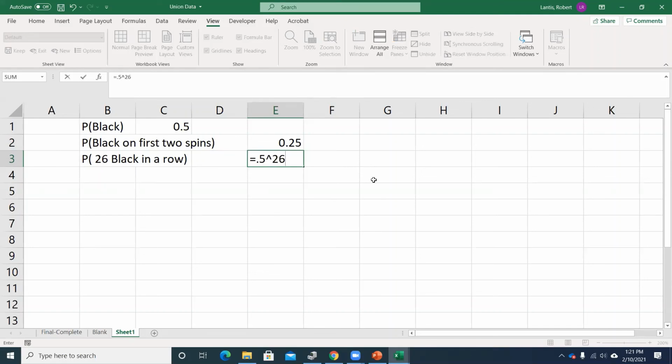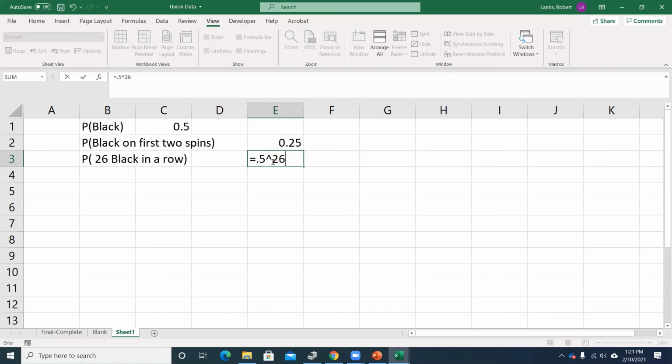or 0.5 to the 26th. So anytime we have independent events like flipping coins, say I flip a coin 10 times, how likely is it that I get 10 heads in a row? You just take that underlying probability, and if the events are independent, you raise it to the power of however many times you're interested in seeing that outcome in a row.